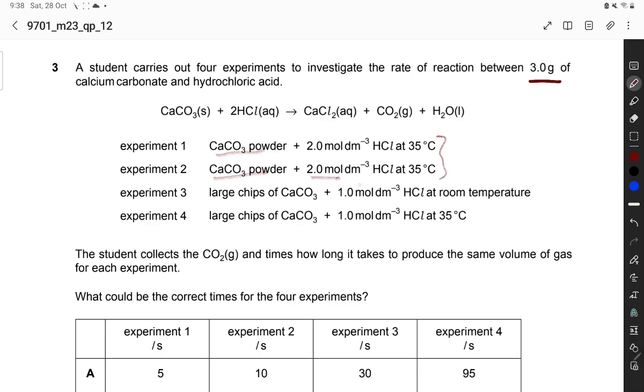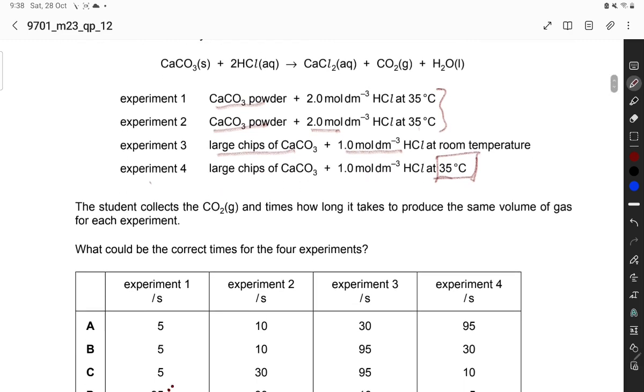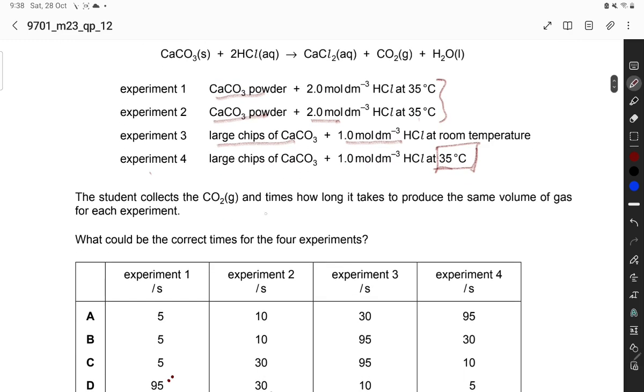Concentration is 2 mole per dm cube at 35 degrees centigrade. Experiment 3, large chips of calcium carbonate and concentration is also the same in both cases, but in experiment 4 temperature is at 35 degrees centigrade. Now the student collects carbon dioxide and times how long it takes to produce the same volume of gas for each experiment.